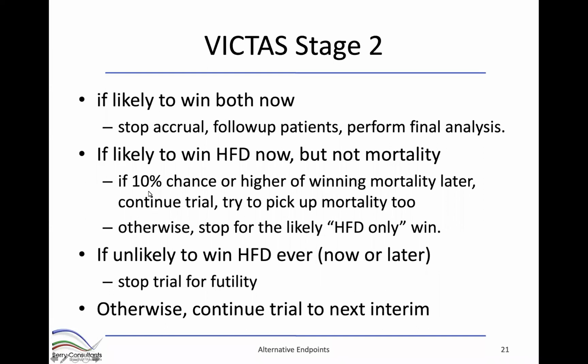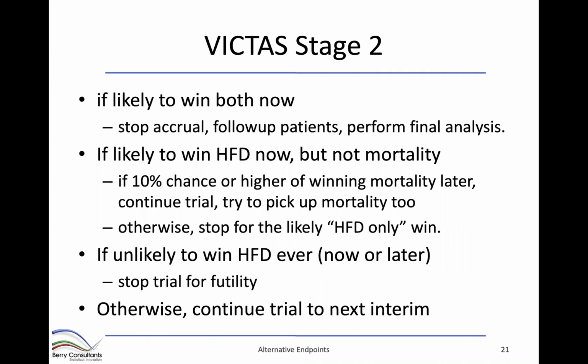If that wasn't true, so if you were likely to win pressor and ventilator free days now, but mortality was unlikely to win, then you would stop and take the pressor and ventilator free days, the likely win on that. And again, the notion is, I have that win, I'm unlikely to get anything better, and so that's what I'm going to report, what I can actually conclude. If I'm unlikely to ever win pressor and ventilator free days, then I would go ahead and stop the trial for futility.